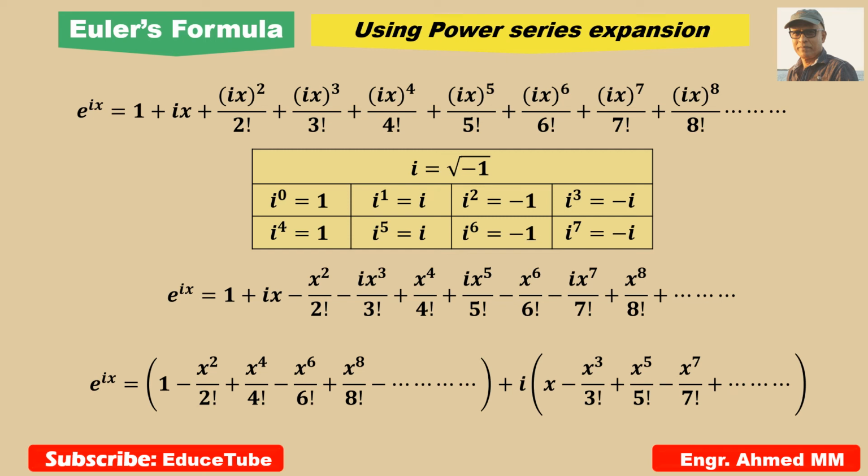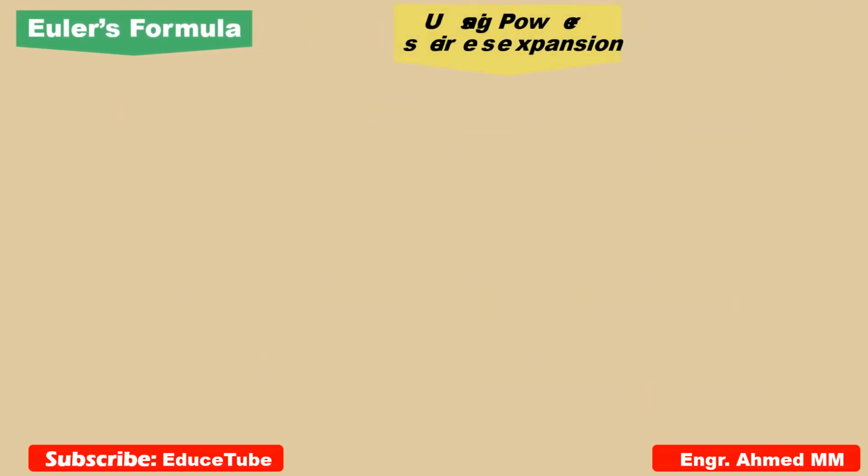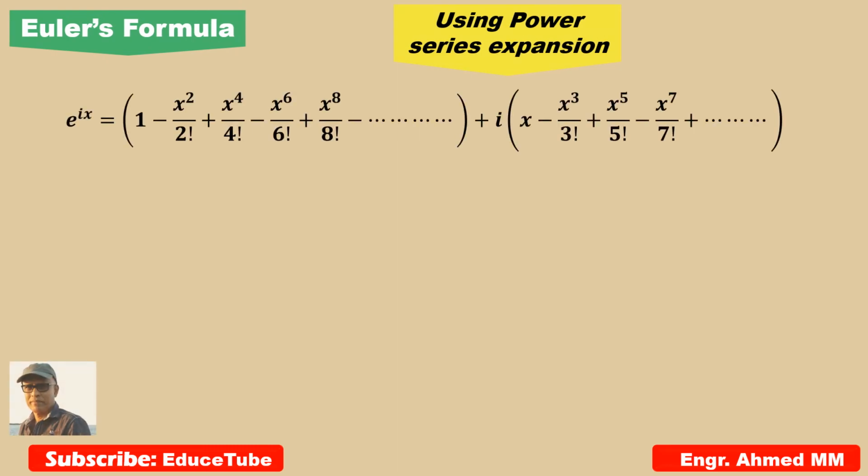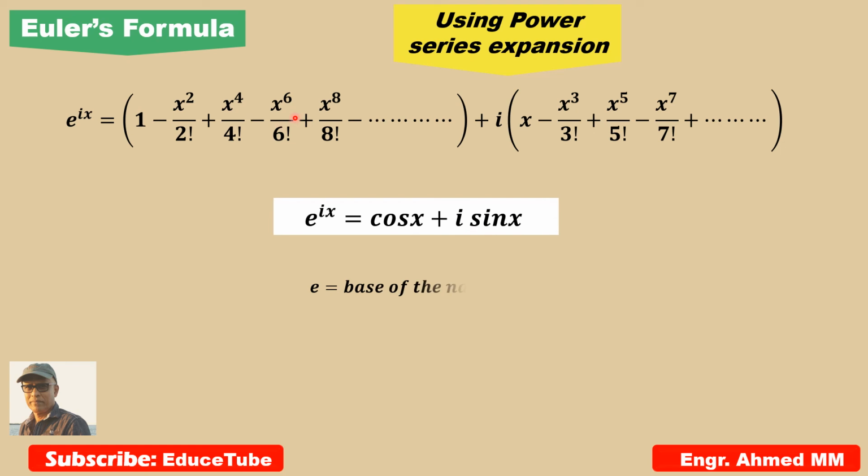Now let's see in the next slide. These two groups we'll see in the next slide, because we can write them as sin x and cos x. So here I got two groups. I brought them here. This one we can write as cos x, and this will be sin x.